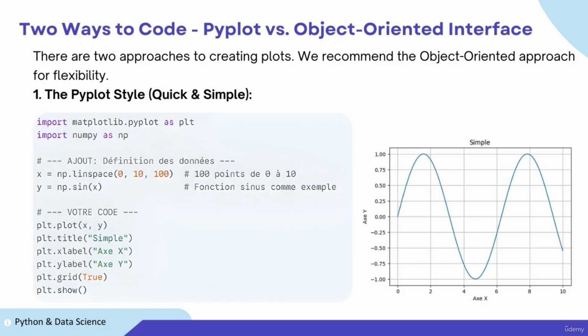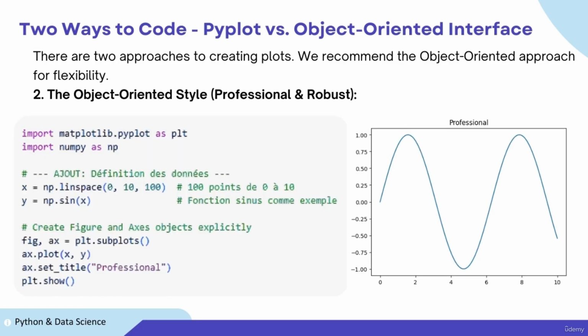This is what we recommend for professional work. Here, you explicitly create your objects first. Notice the code, fig, ax = plt.subplots. By creating the fig and ax variables explicitly, you have full control over every element. We will focus on this professional approach today.